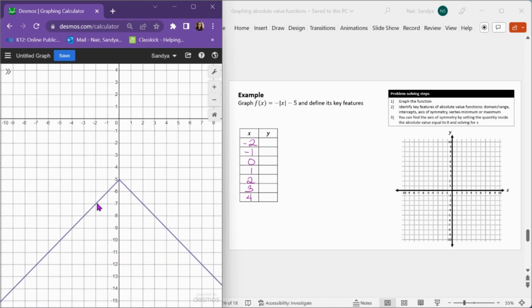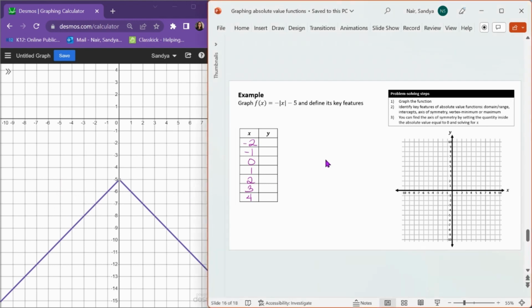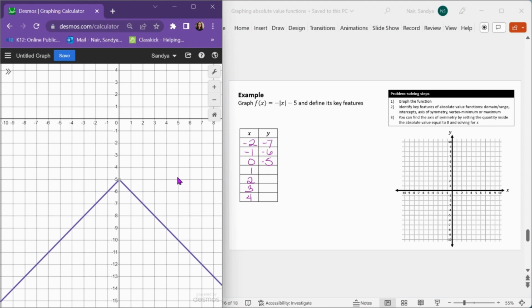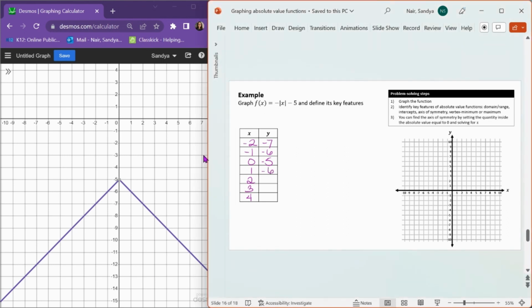So if I figure out the points, I can see at -2, I'm here at -7. You have to scroll a little bit to get exactly there. There you go. -2, -7. At -1, I can see it's at -6. 0, I'm at -5. 1 is here at -6. 2 is -7.